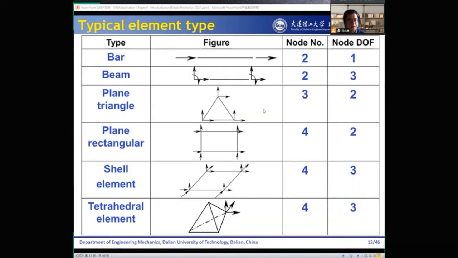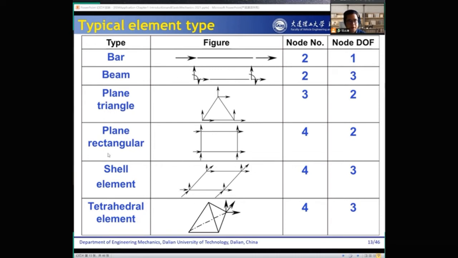Here are some typical element types. We will give more details in the subsequent lectures; here we just give you an overview. The first type is the bar element. Second is the beam element, then the plane triangular element, the plane rectangular element, the shear element, and the tetrahedral element.